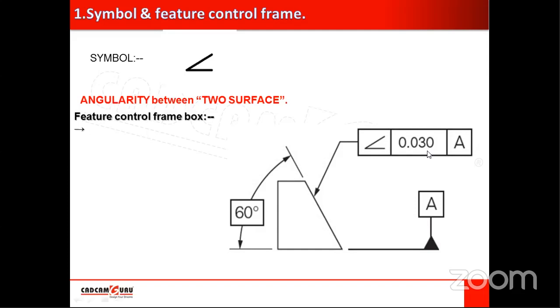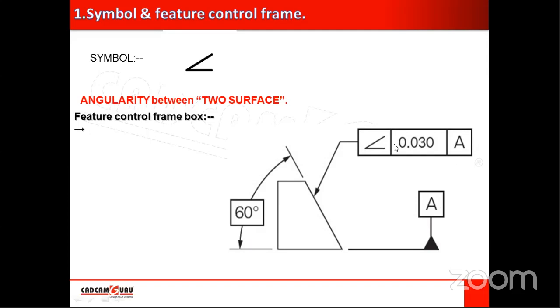Okay, so here one more new condition or new discussion may be there. All the values specified in the feature control frame are for all characteristics. Okay, so all these values mentioned in the feature control frame have mm as a unit. Means here this is 0.03 mm. Okay, but for angularity we are talking about an error in angle. Means we are talking about angular deviation, right?